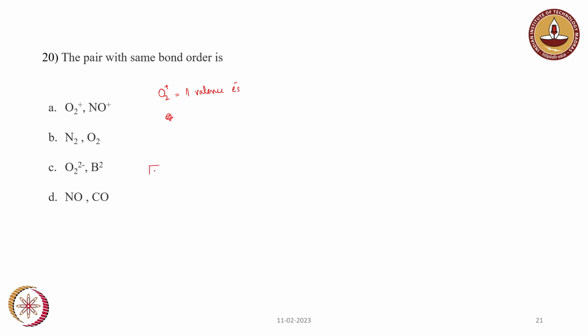So first, 2s and 2p. Oxygen has 6 valence electrons, and one electron less for O+.